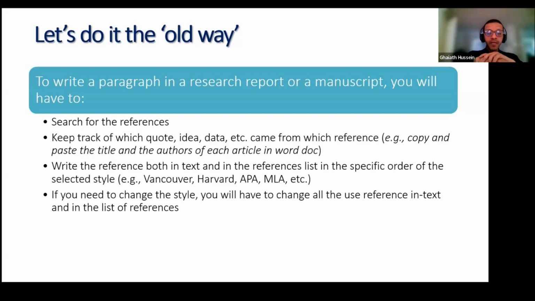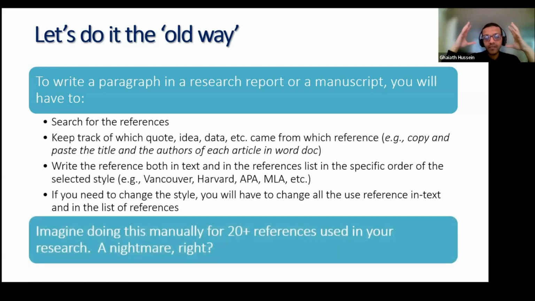And if you need to change the style, for example you have started with Harvard and then wanted to change it to Vancouver, then you need to change it from the text format into the numerical format, and you have to do this manually, in the same order and everything. Just imagine doing all of these steps.